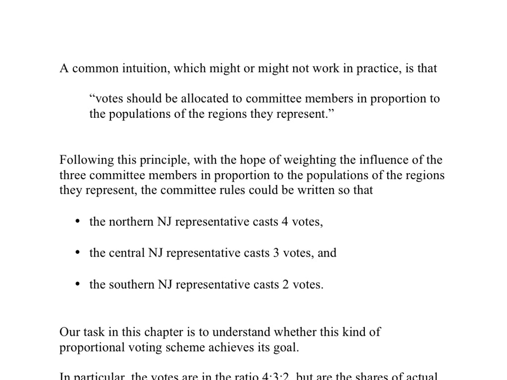Last time we were discussing the common intuition, which might or might not work in practice, that votes should be allocated to committee members in proportion to the populations of the regions they represent, in order to make the power that the representatives wield on the committee proportional to those populations.